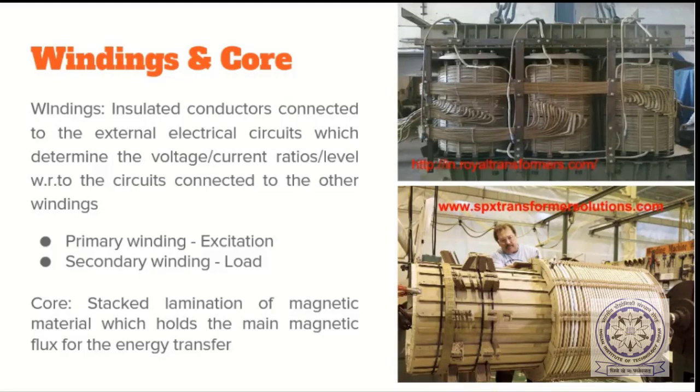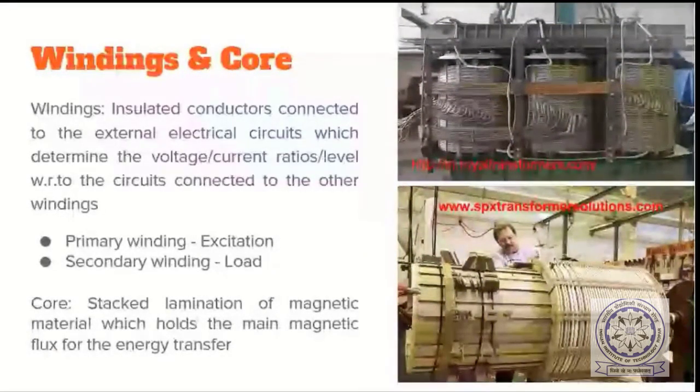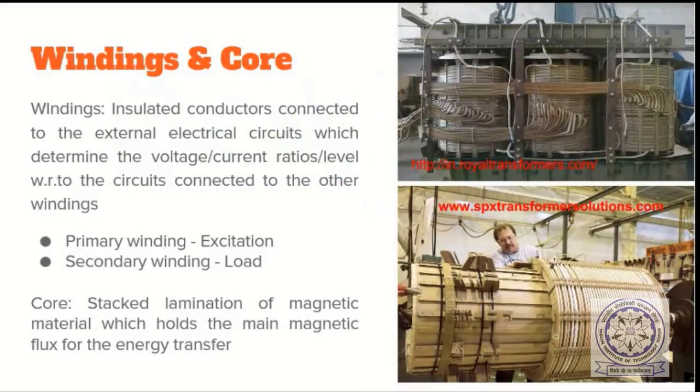You can see here on the right side there are two transformers, and the lower one is just a winding, just one leg of a transformer, and there is a human being standing there. You can compare the size of this leg of the transformer.